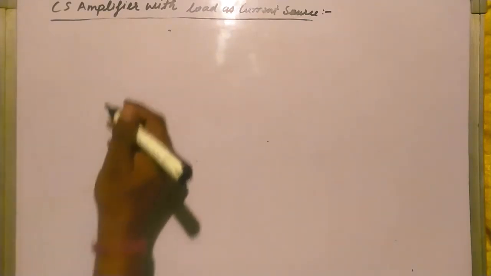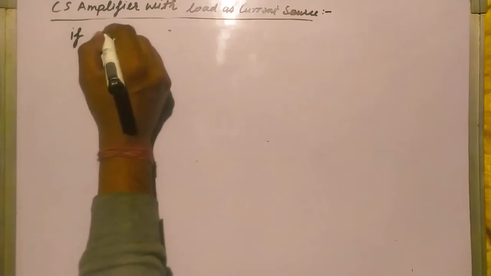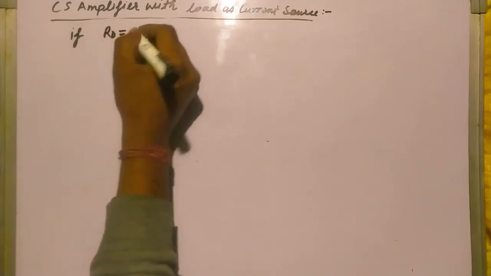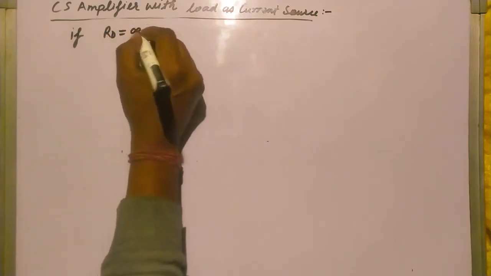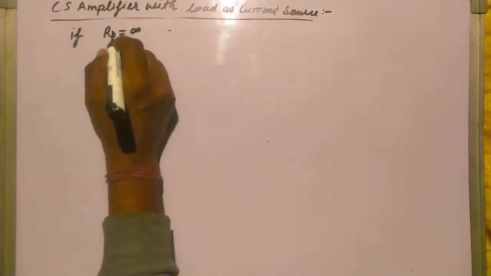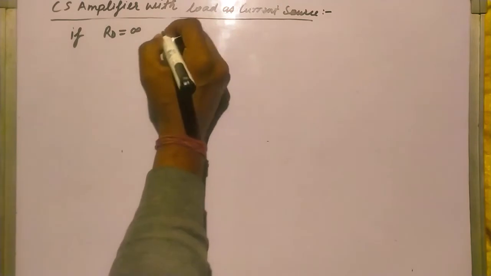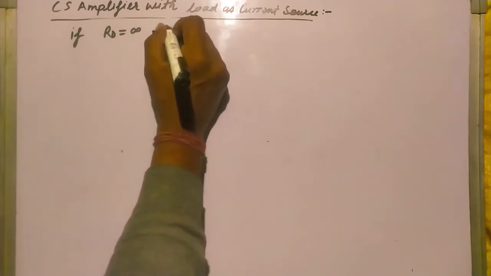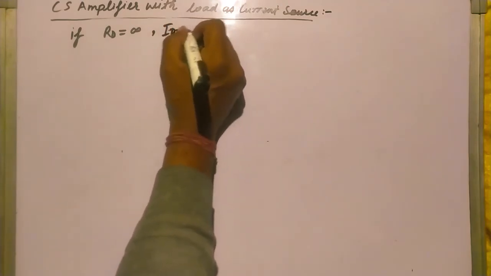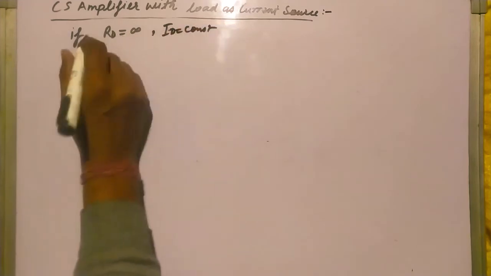If I am making RD equal to infinite, and a constant current is flowing, ID equal to constant, then the gain will increase.